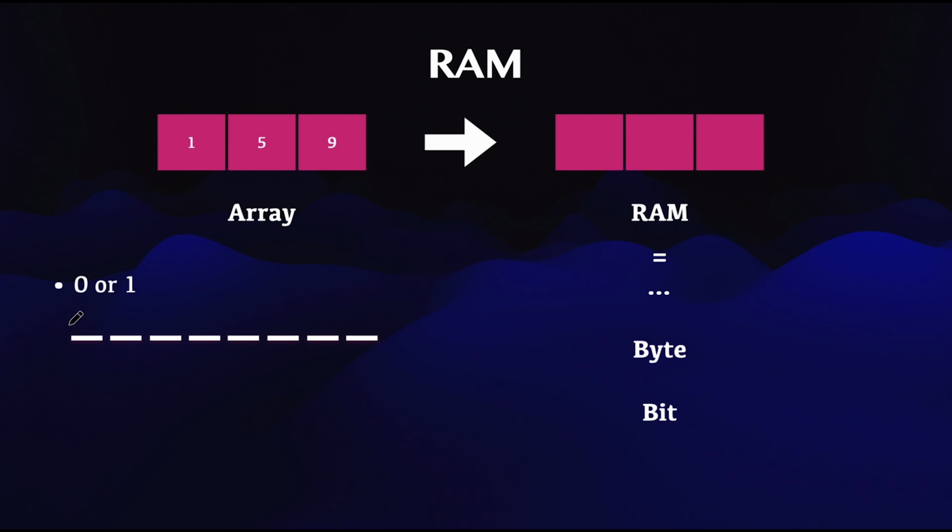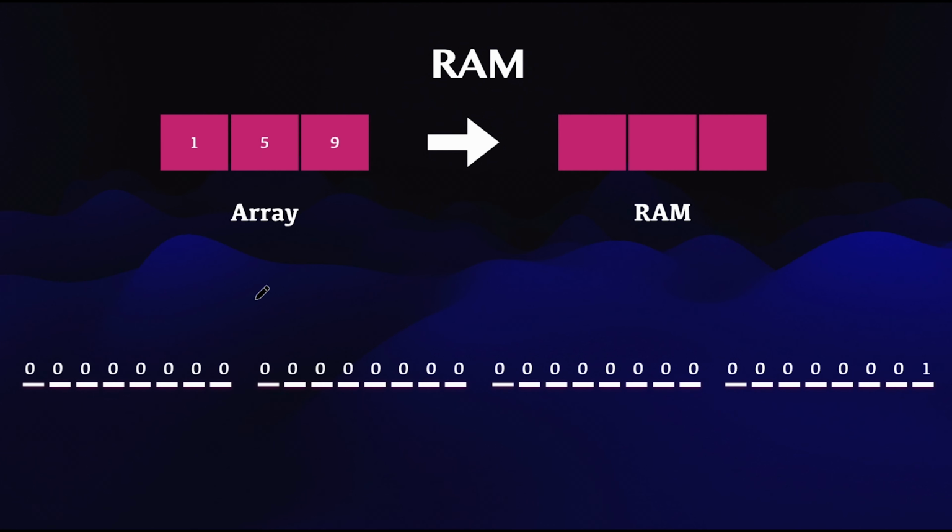In other words, it is a position in a computer that can store either a 0 or a 1. So bits form bytes, bytes form kilobytes, megabytes, etc. And this all leads us to RAM that can store more complex data structures.